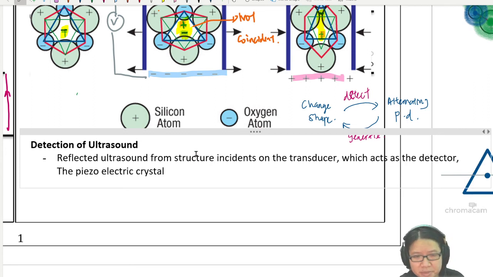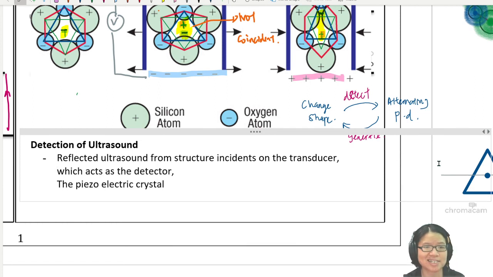But you can use medium or human body. It is incident on the transducer, and the transducer acts like the detector because it's the same thing. So what is inside the transducer? Your good friend, the piezoelectric quartz crystal. What happens when the ultrasound reaches the crystal?